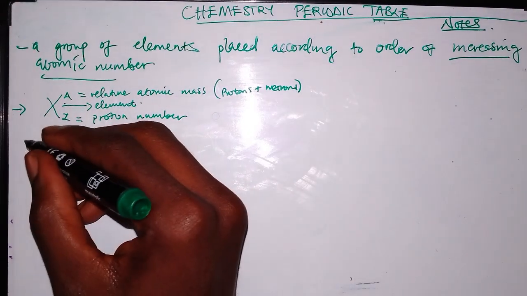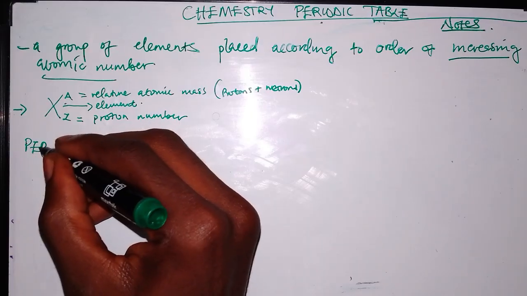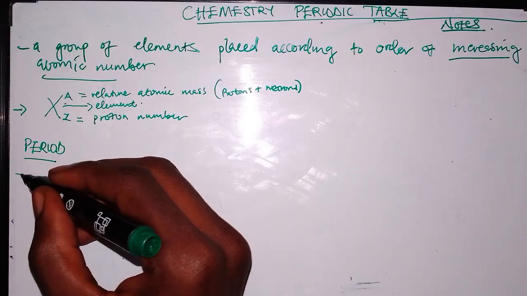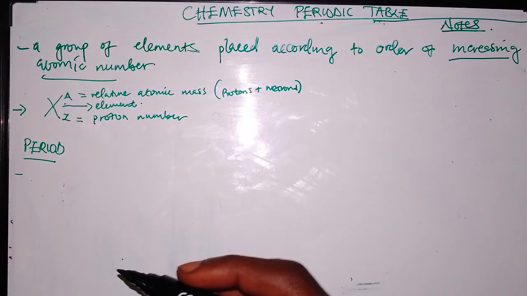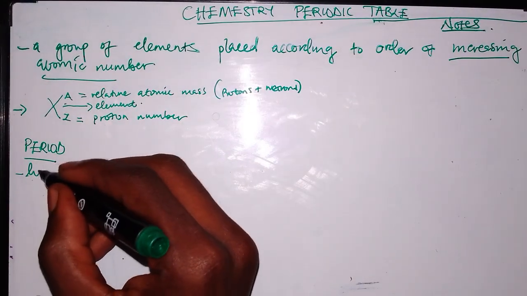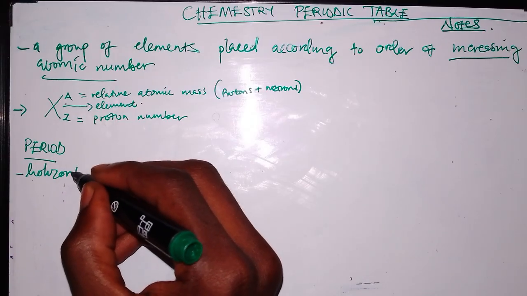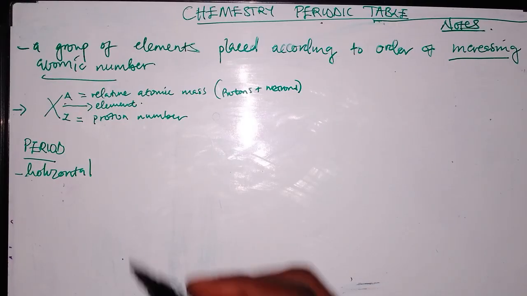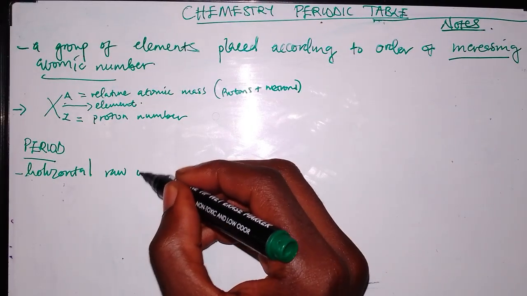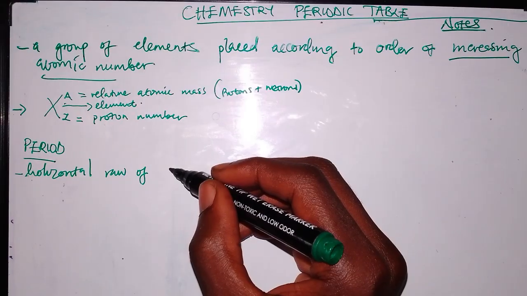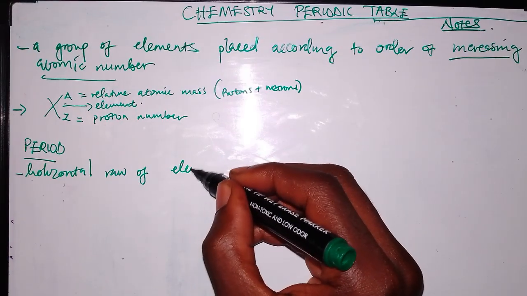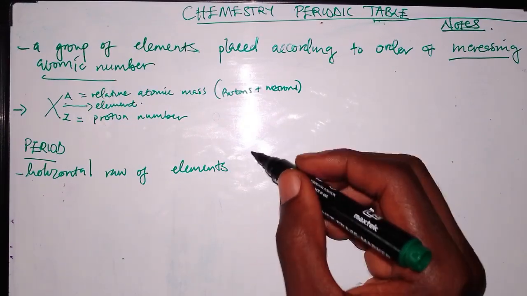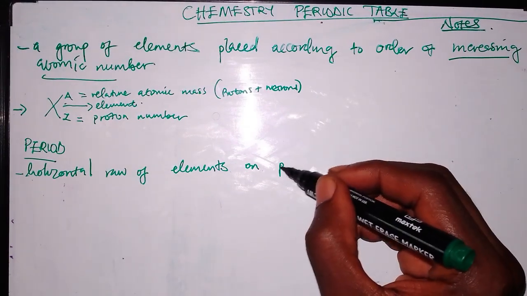The period is basically just the horizontal row of elements on the periodic table.